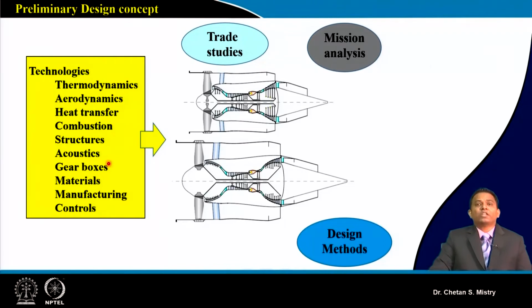Based on this trade study we need to do our systematic design. Companies already have long experience and all their old databases, which help them at the initial beginning of different design strategies.